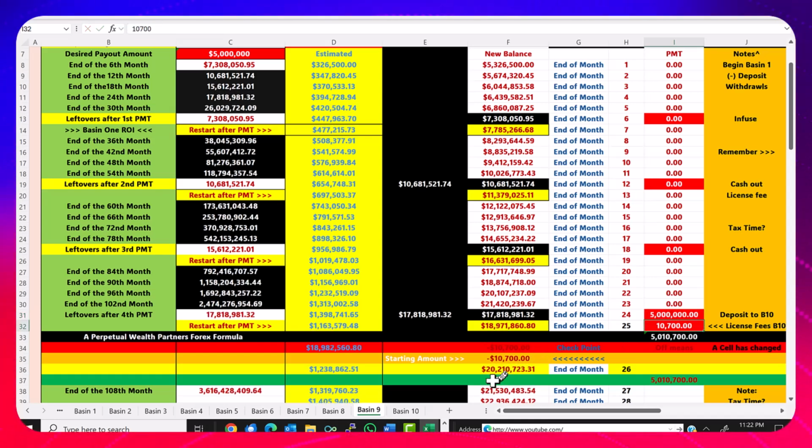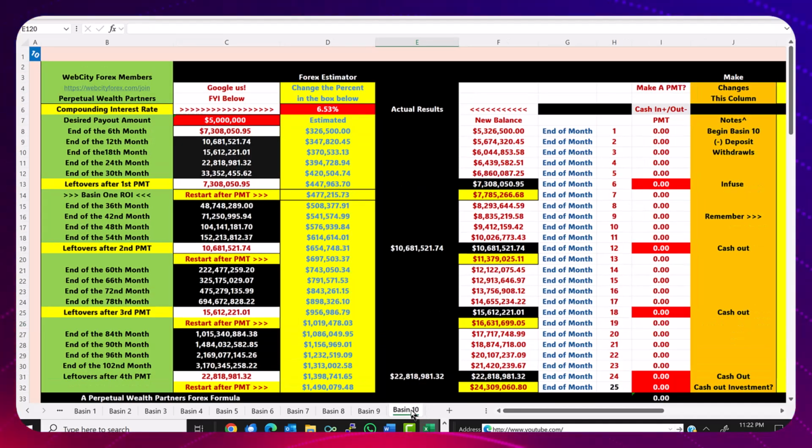And what are we going to do in basin 10? There you go. Cash out. Would you like to take some money out of your till? Take some money out your till until your coffer is absolutely full.